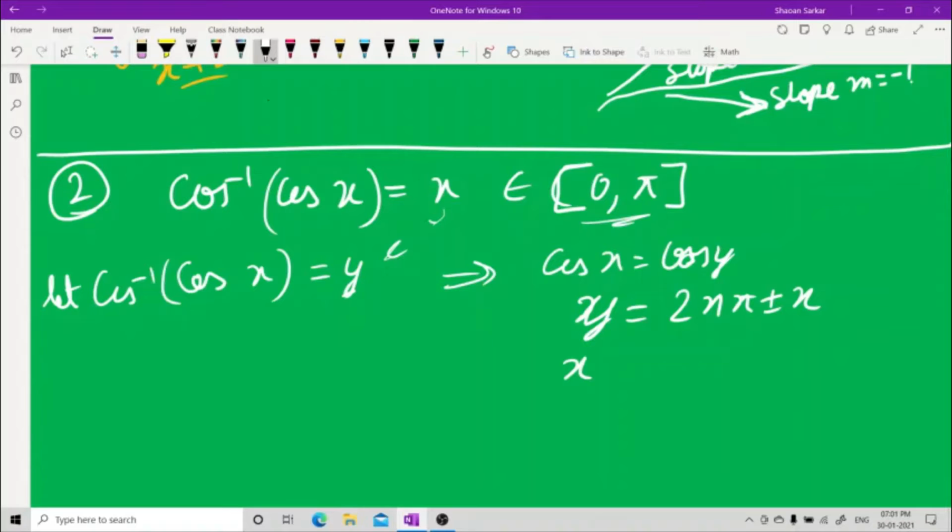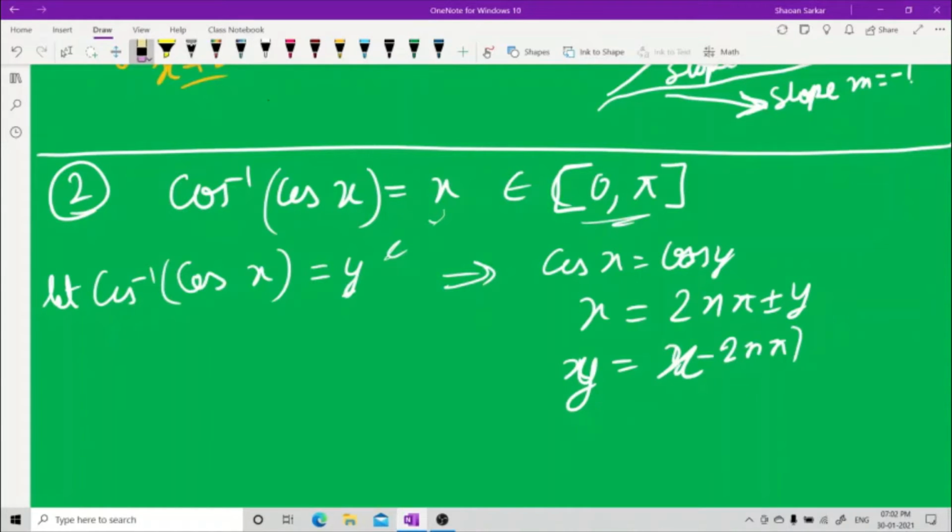This would be x and this is y, and this is your y equal to x.